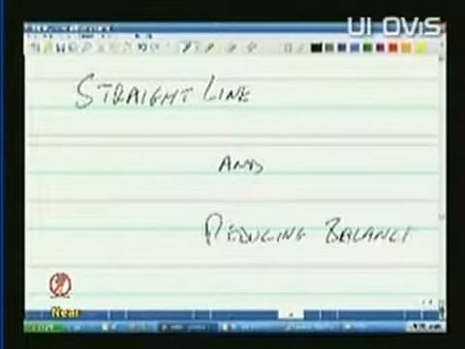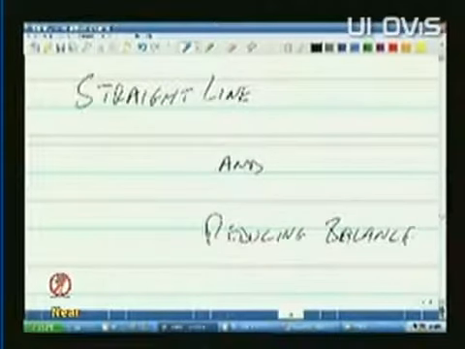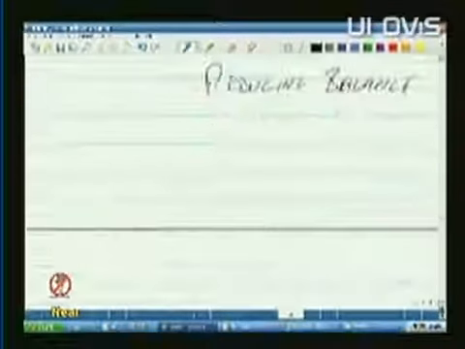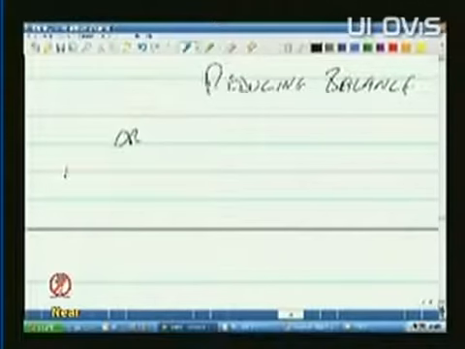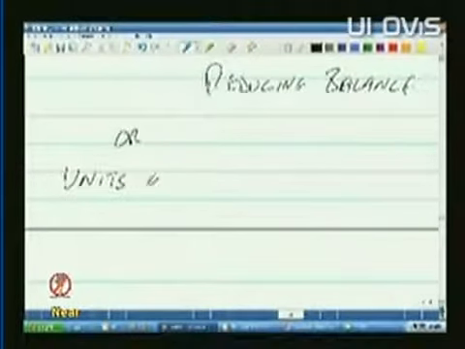But bear in mind, the standard itself does not require you to use straight line or reducing balance. The standard itself says that you must account for depreciation on a systematic basis. Now, we use straight line and reducing balance as two examples of systematic basis, but you could use a usage basis. So you could use a units of production basis.